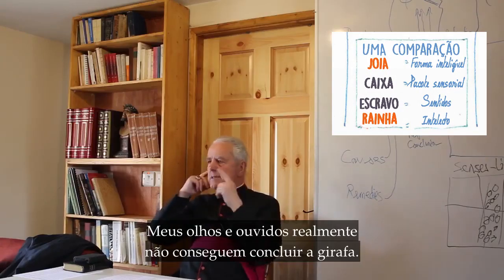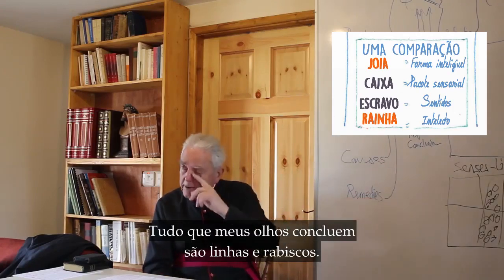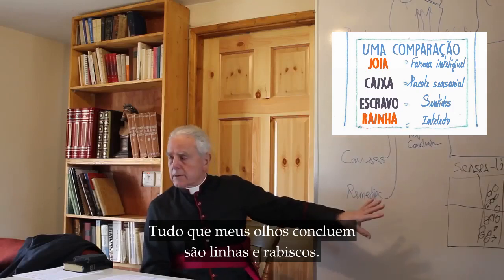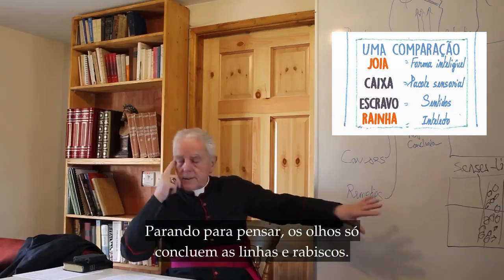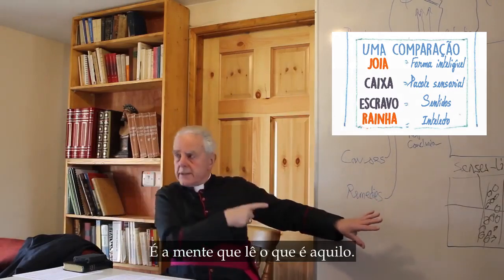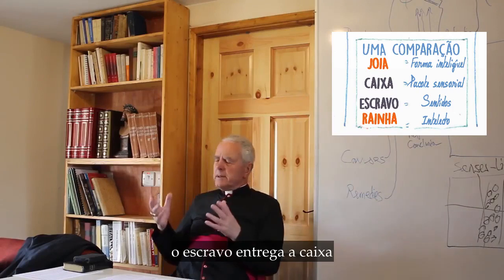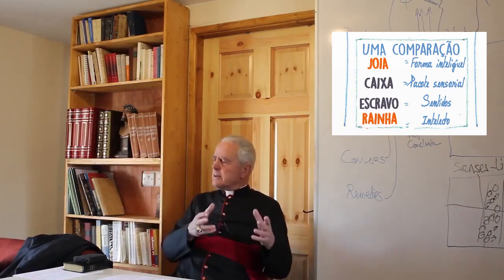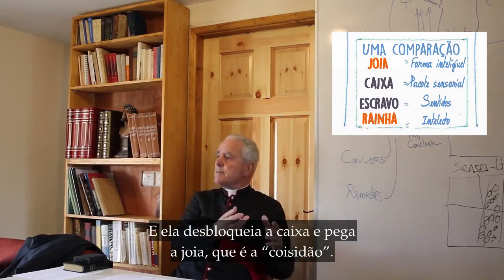My eyes and ears don't actually get to the giraffe. All my eyes get to is lines and squiggles, if I think about it. It's the mind that reads what that is. So, the slave delivers the box to the queen. The queen is the mind, and she unlocks the box and gets at the jewel, which is the whatness.